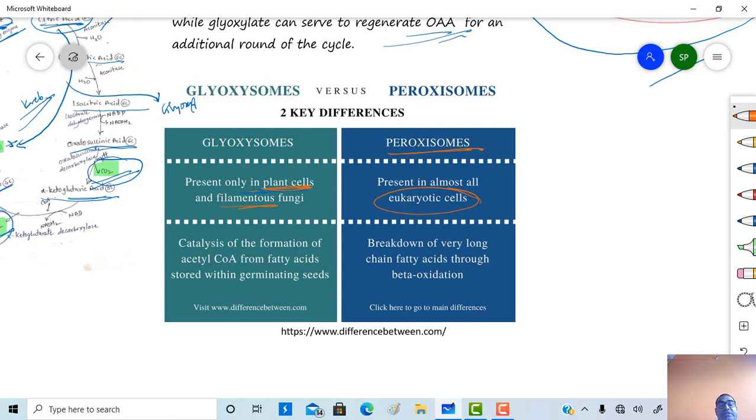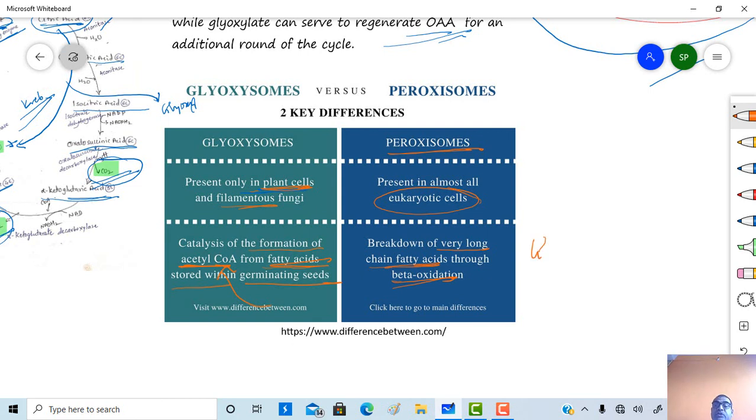Glyoxysome catalyzes the formation of acetyl coenzyme A from fatty acids stored in the germinating seeds, or when the oily seeds germinate, the fats are converted into acetyl coenzyme A. Peroxisomes are involved in the breakdown of very long chain fatty acids through beta oxidation.